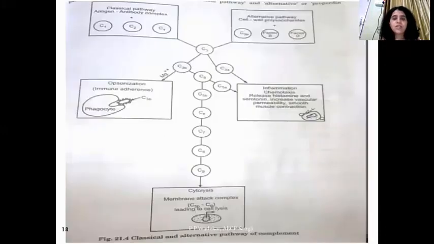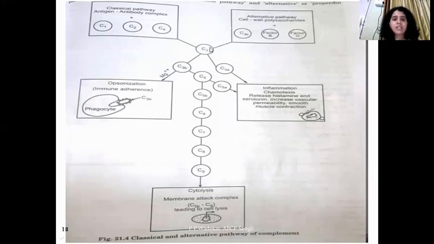So here is the summarization of the complement system, where you can see on the left side the classical pathway, and on the right side the alternative pathway. In the classical pathway, C1, C2, C4 are involved. Here it is C3B, factor B and factor D involved. We haven't yet discussed it; I'll discuss it later.